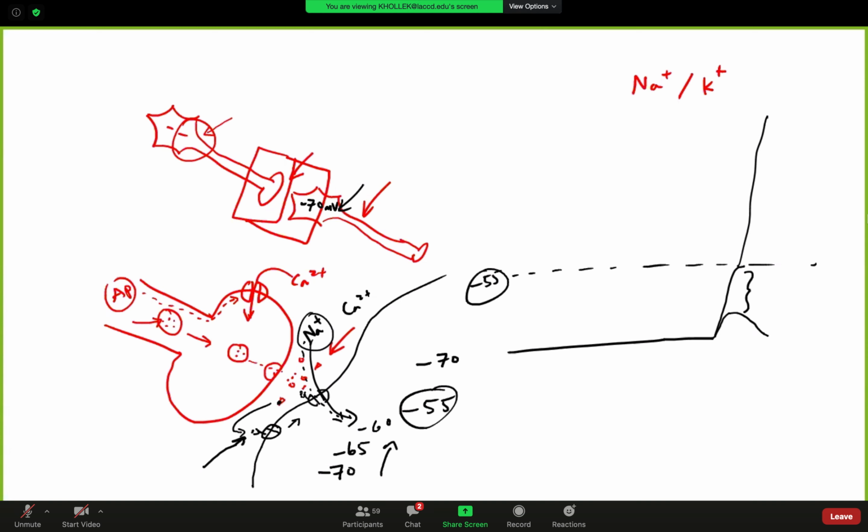I think that was one of the things that we discussed. All right. Obviously, you need to know the events of the action potential as well. Now, before I go on to the events, I want to open up a parenthesis and tell you that there are multiple questions.